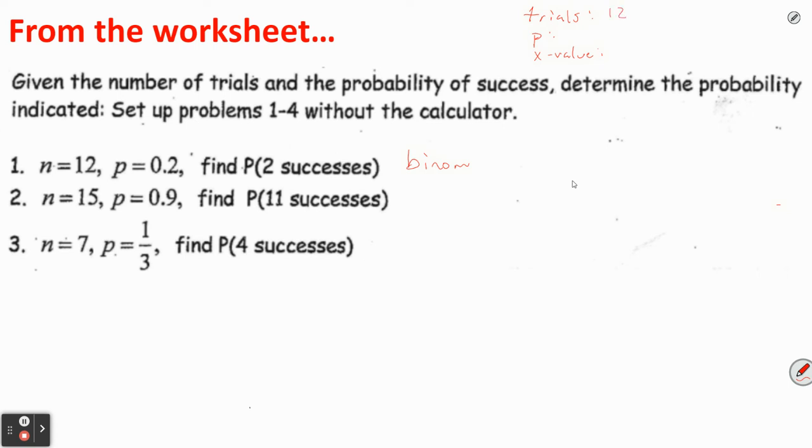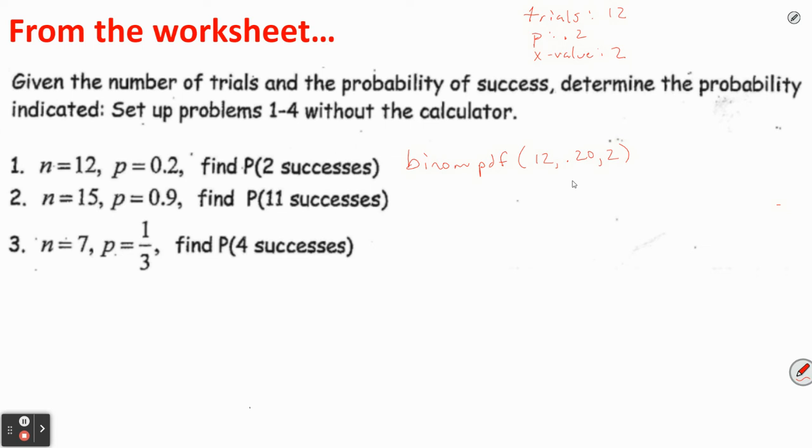So when we put 12 in, the p-value being 0.2 and the x-value being the number of successes, 2, and then we hit paste, it's going to pop up like this. And what our expectation is in this class is much like when we were doing normal curves.